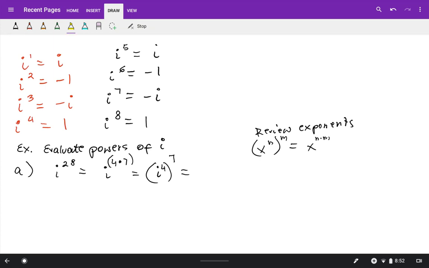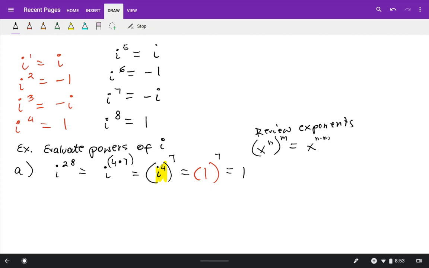We know what i to the power of 4 is, it's equal to 1. I'm sorry, +1. And then I still have that power 7. So now we know that 1 to the power of 7 is just 1. So i to the power of 28 is 1.